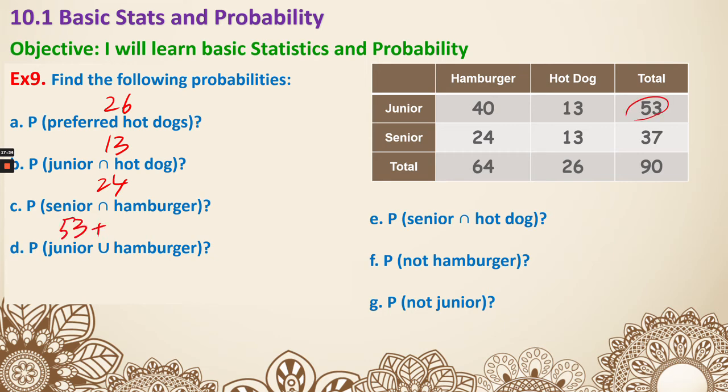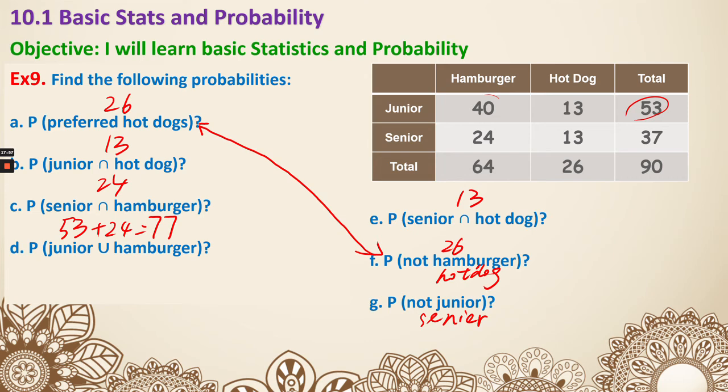And you either do add 24 or you can do add 64, then minus the 40 that's repeating, which was 77. Senior and hot dog, that was 13. Not hamburger means all hot dog, so that's 26. Hot dog, which actually is the same number as the first one. And not junior, that basically means senior, which is 37.